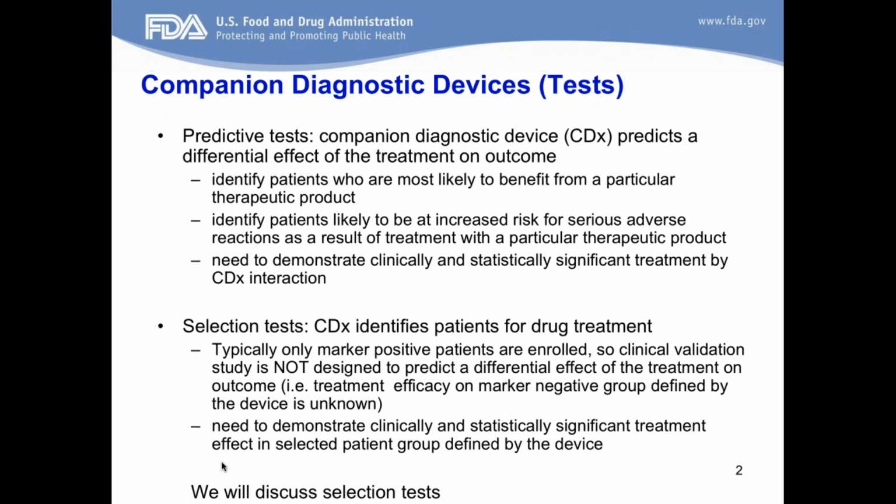So clinical validation is typically not designed to predict the differential treatment effect on the outcome, because as I mentioned earlier, for the predictive device, you have to demonstrate the treatment by device interaction. Since most of the time for selection tests only marker positive patients are enrolled, we do not have any information on the marker negative population. There's no way to demonstrate the differential treatment effect.